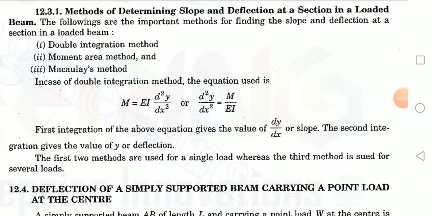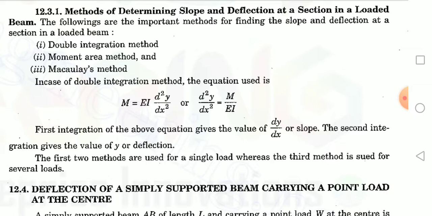Now what are the methods used to find the deflection of beams? The methods of determining slope and deflection at a section in a loaded beam are three: one is the double integration method, two the moment area method, and three Macaulay's method.